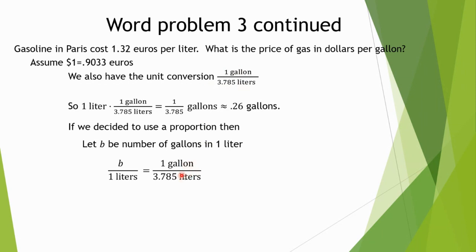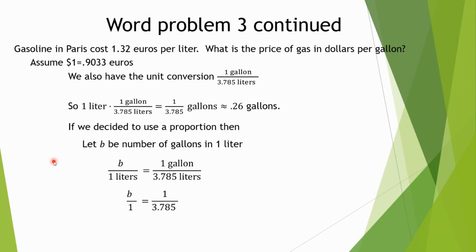We want B so that B gallons equals 1 liter. So these two are equal. We're going to set these ratios equal, and then we're going to find B. Both ratios are dealing with converting liters into gallons. So we set them equal, and now we have to figure out what B is.